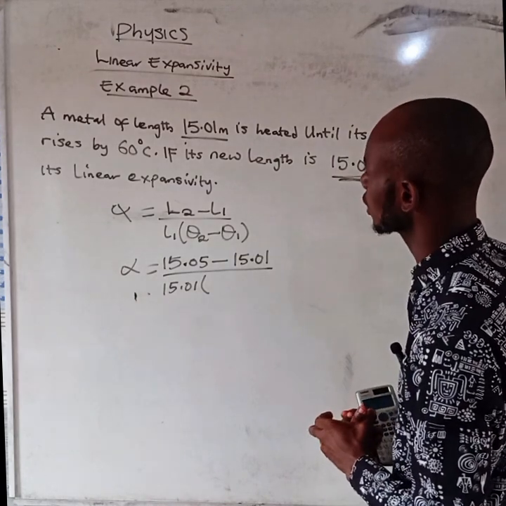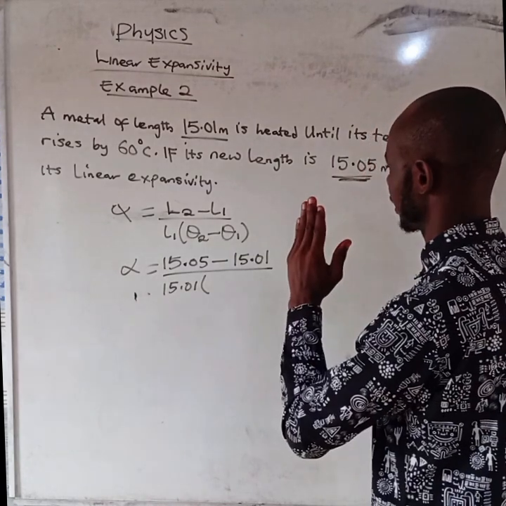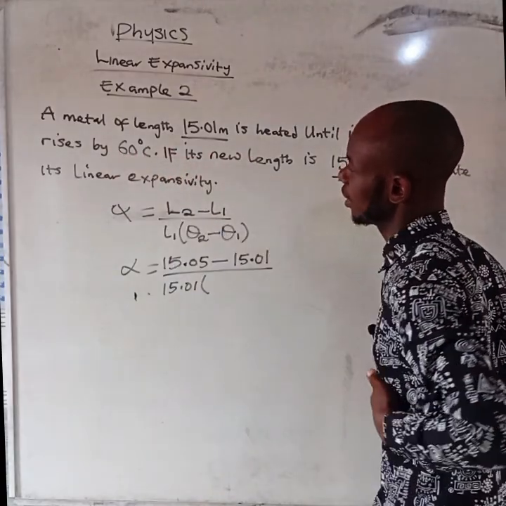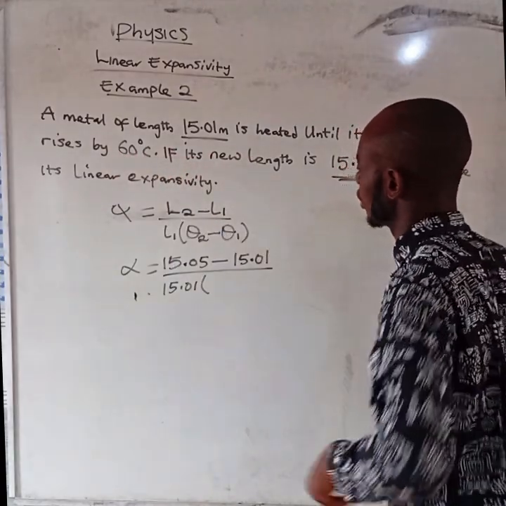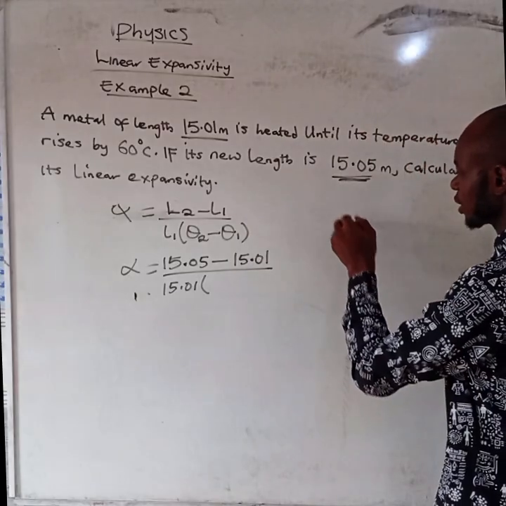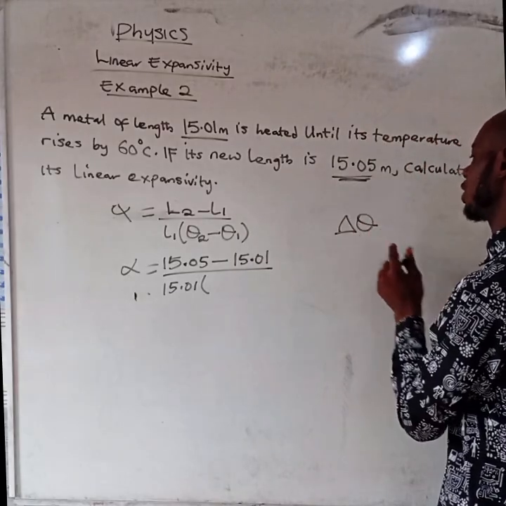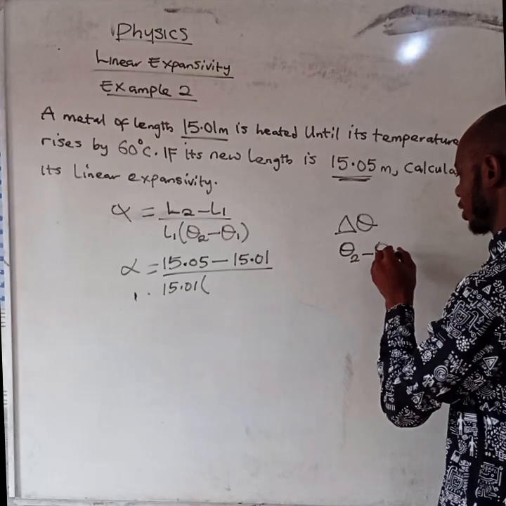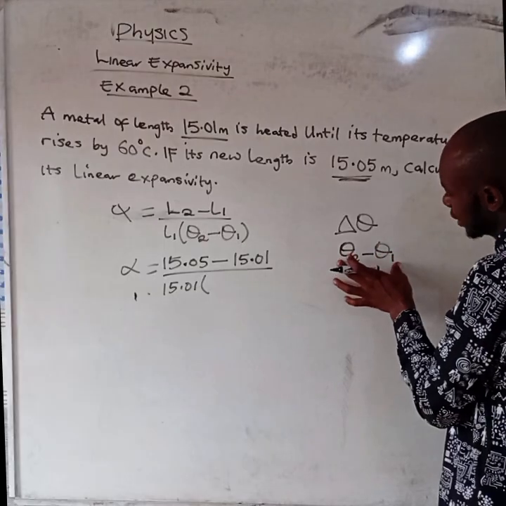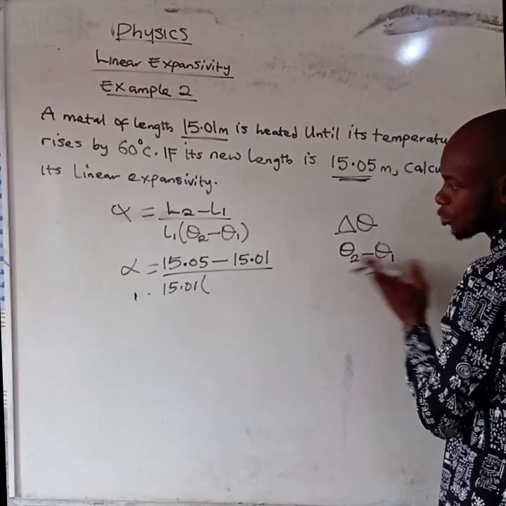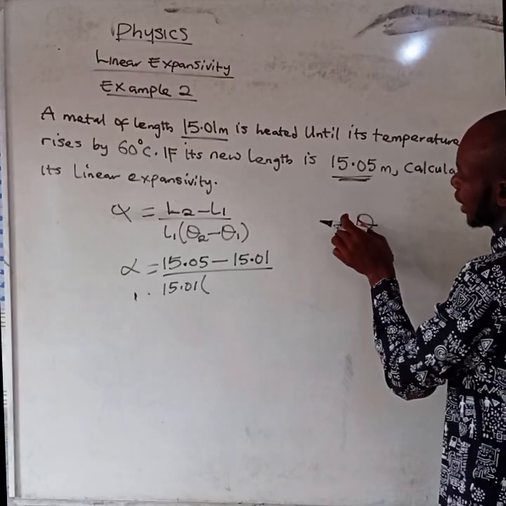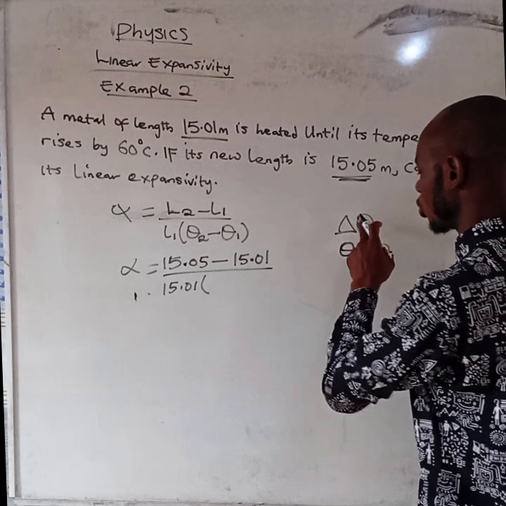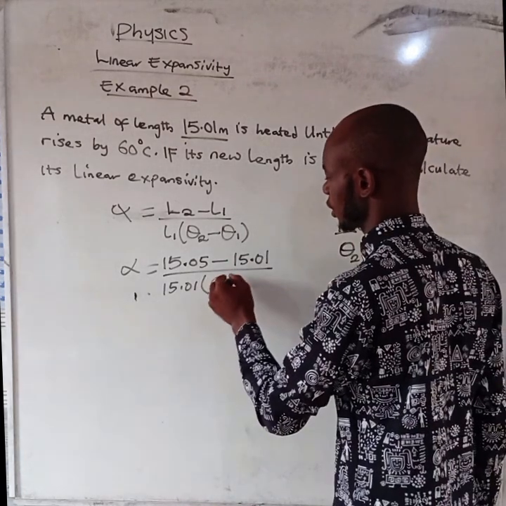They say the temperature rises by 60 degrees. We either write change in theta, or write theta 2 minus theta 1 when we have two temperatures. We write it like this when only the rise in temperature is given. So here we now have 60 degrees.